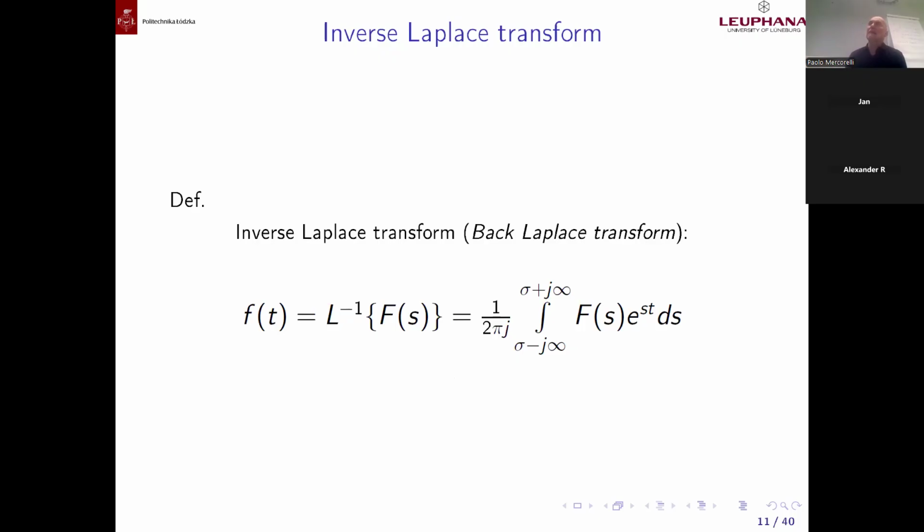Roughly speaking, do you remember the Laplace transform was defined in the following way? Given the function f of t, for us a signal, but more concretely, I can associate a complex function F of s. Here is exactly the inverse concept: given the function F of s, a complex function, I can associate to this F of s the corresponding f of t.